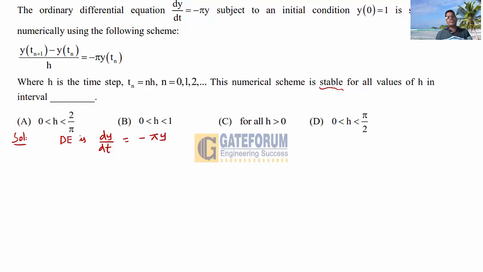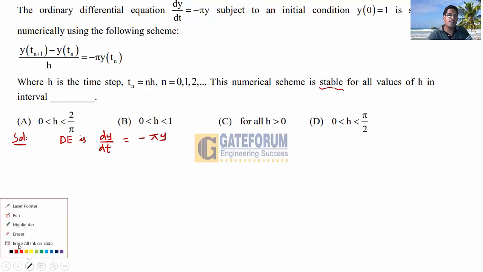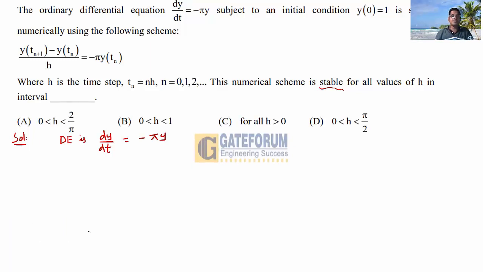Usually the first order differential equation is represented by dy by dx is equal to function of x comma y, but here in place of x it is t, so the right side is denoted by function of t comma y. Here t is absent because the right side is only minus 5 into y. Okay, that is the first observation.